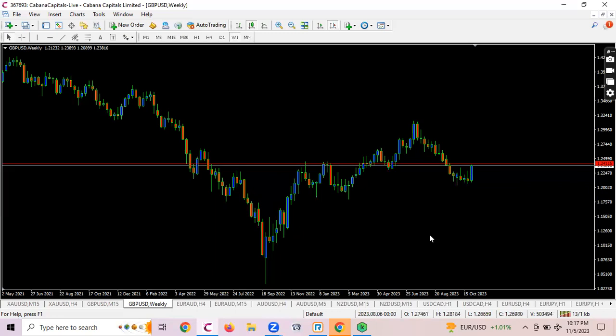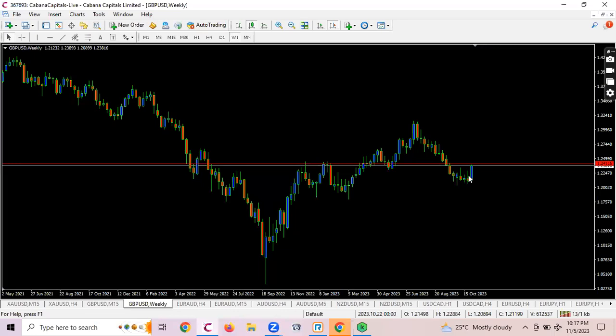Okay. The way I also see it, it could also be that what they did last week was to hunt for the stop losses at this level and this level. That could be what played out last week. Okay. So many will see this and jump in and start buying.